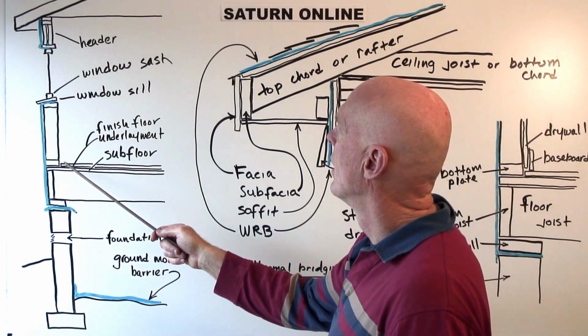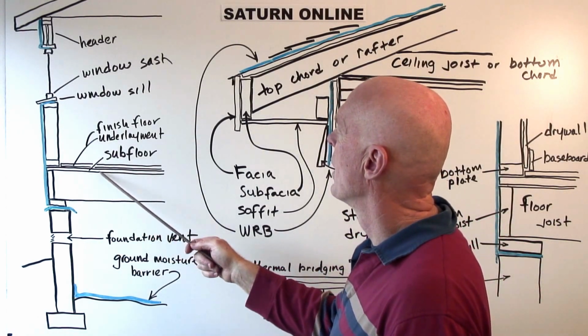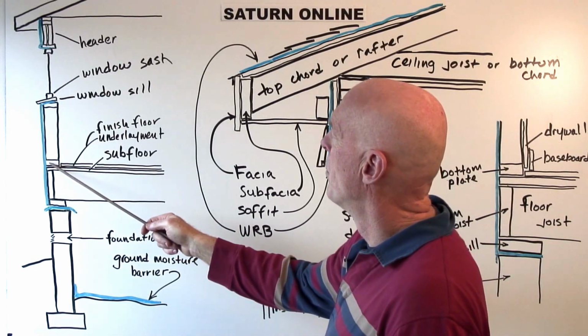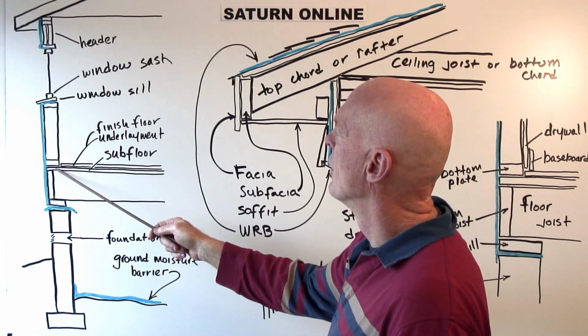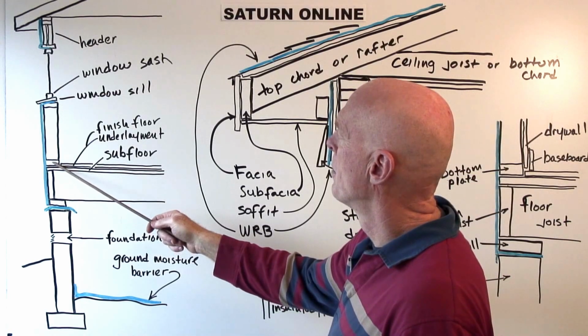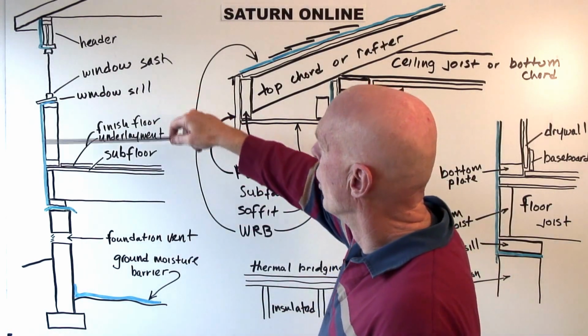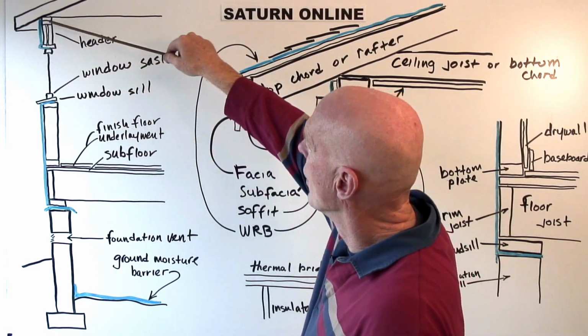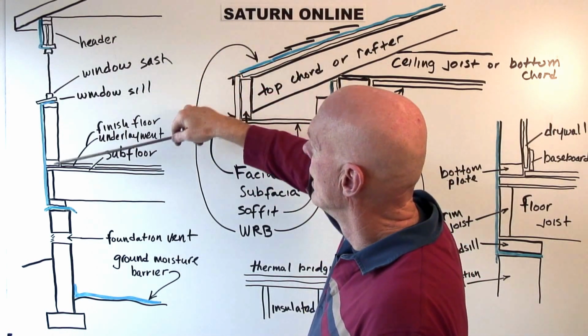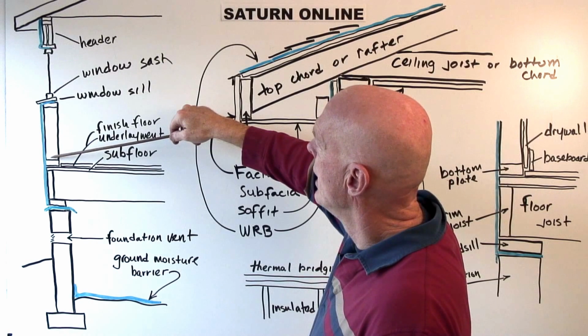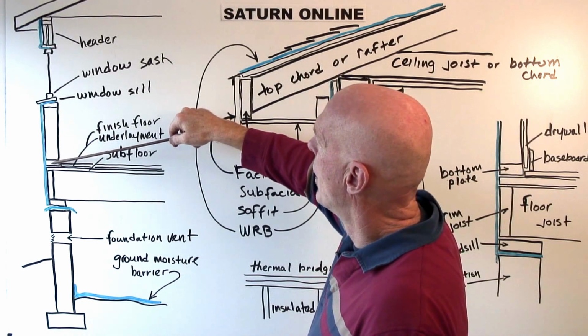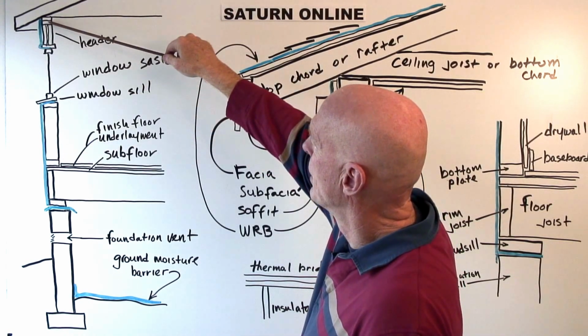The bottom plate sits on top of the subfloor. The bottom plate is one of the two plates that holds the wall together. You have the bottom plate of the wall and the top plate of the wall up here. The studs are nailed to the bottom plate, and they're nailed to the top plate.